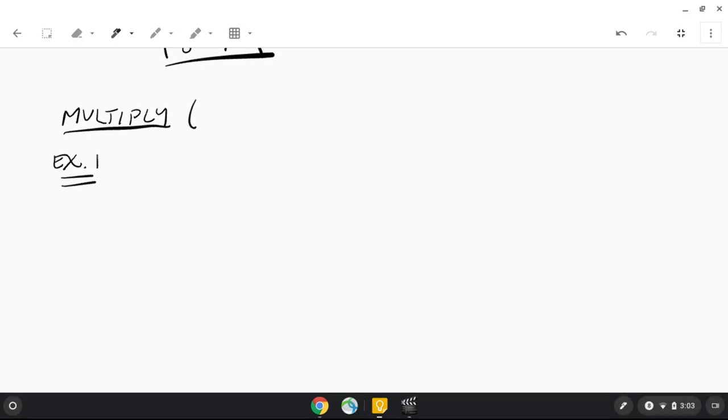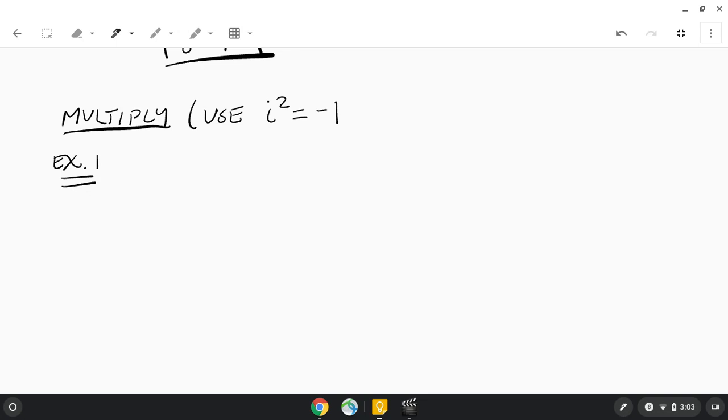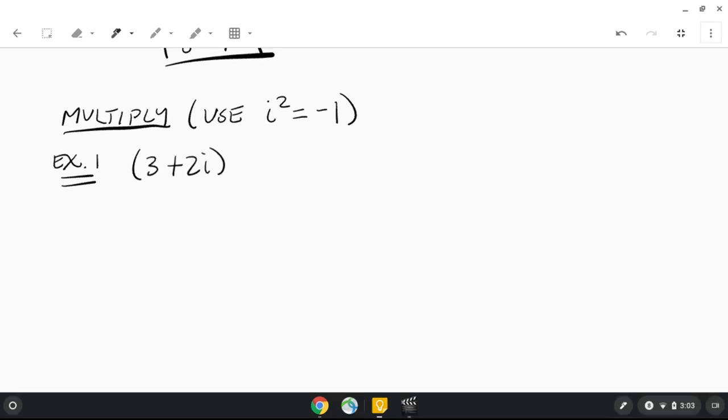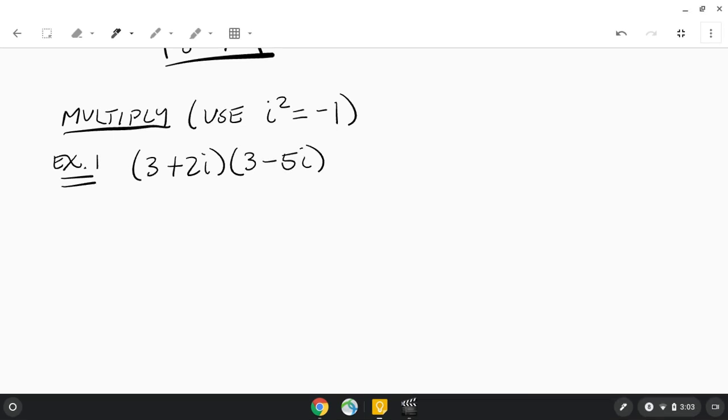Let's take a look at multiplication. Okay, so the one thing you have to remember is that i squared is negative 1. Okay. All right, so suppose that I want to multiply this complex number, 3 plus 2i, with this complex number, 3 minus 5i.